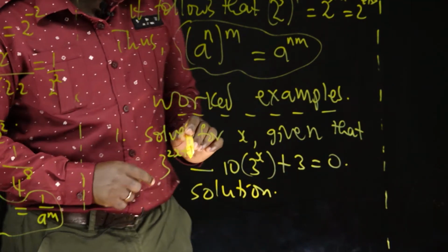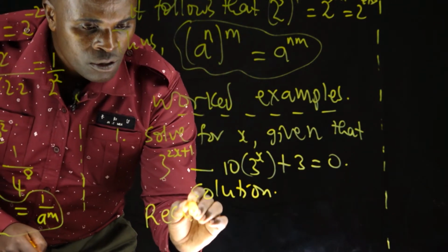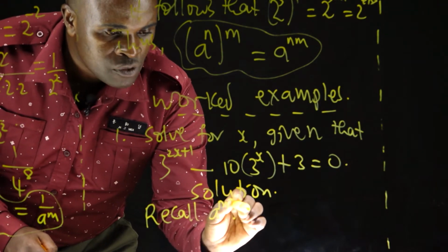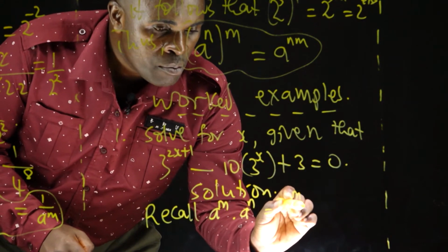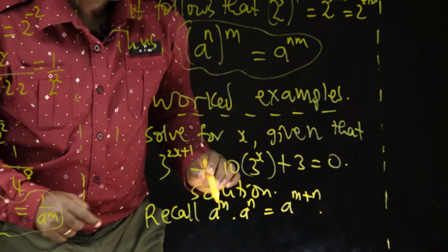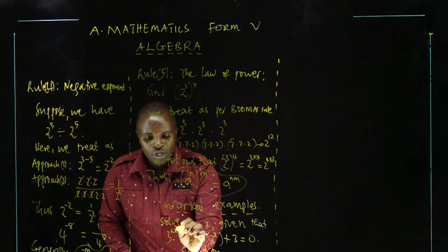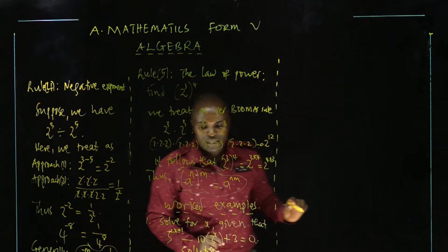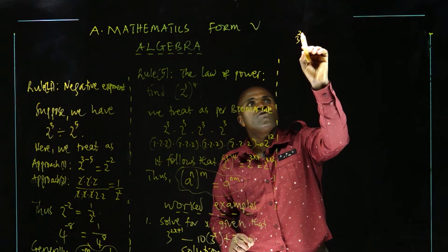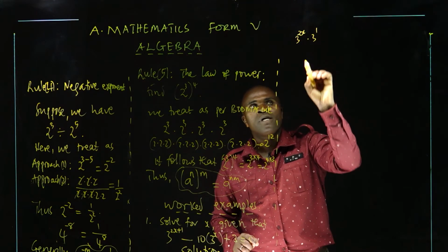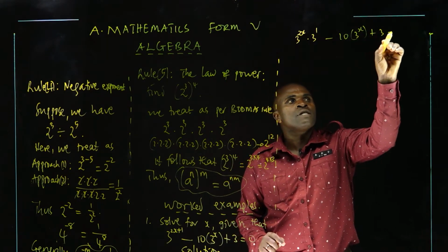First of all, you'll have to recall this rule. We say recall a power m times a power n is always a power m plus n. In the same way, when checking this part 3 power 2x plus 1, it signifies that previously it was simply as 3 power 2x times 3 power 1, and then minus 10 power 3x plus 3 equals to 0.